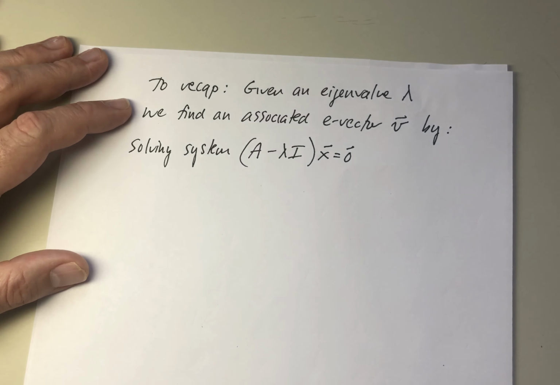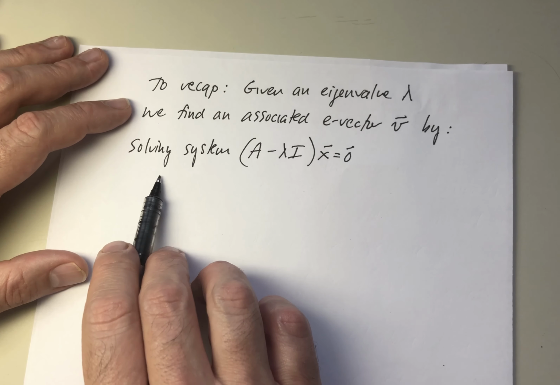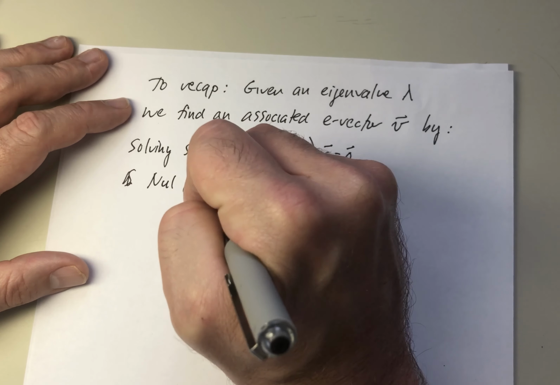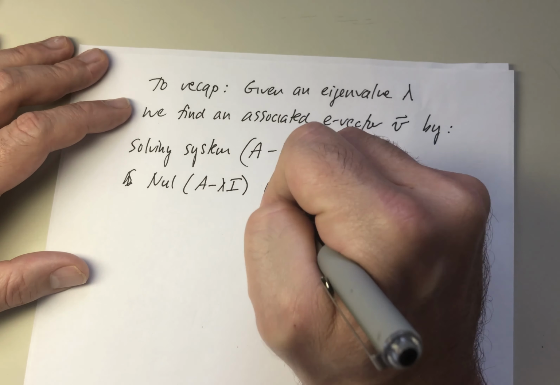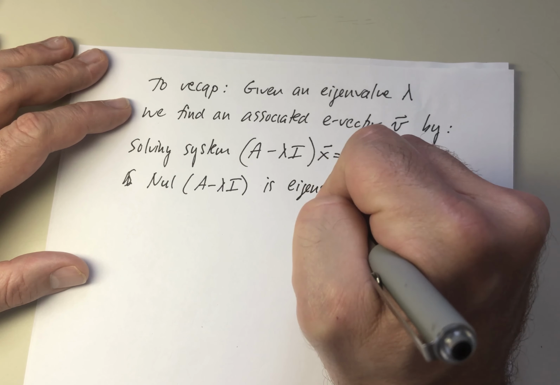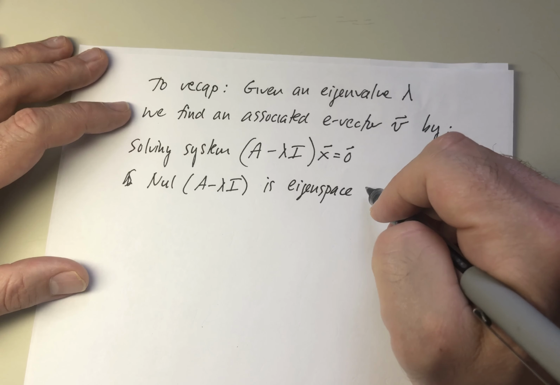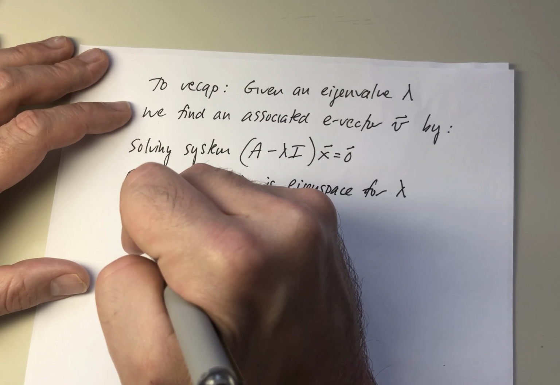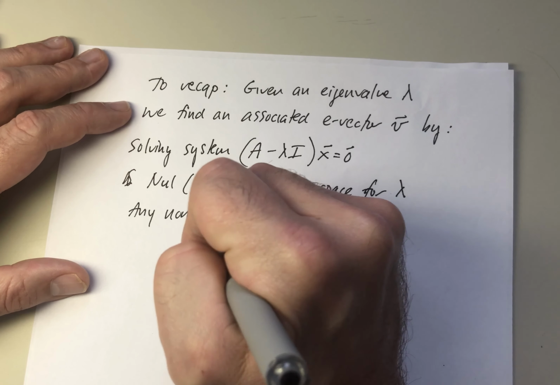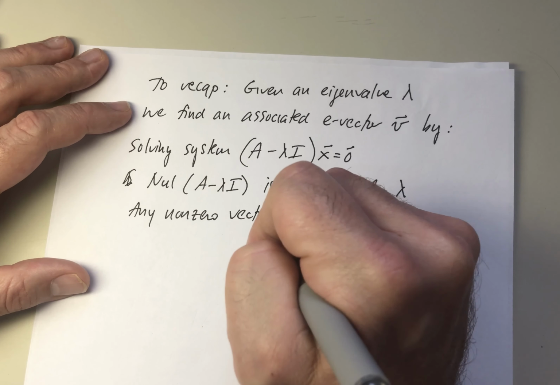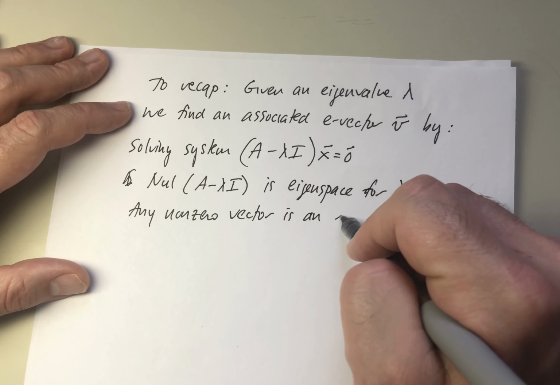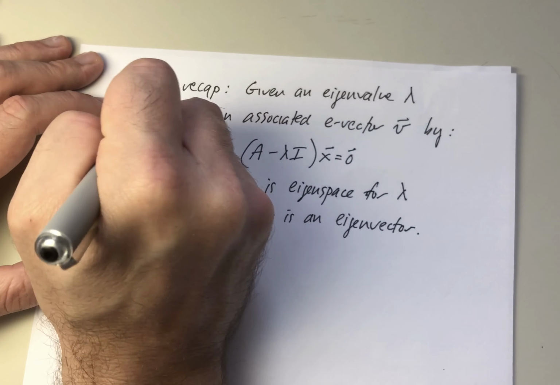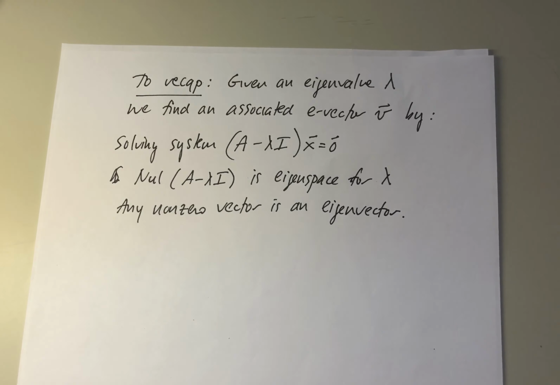That's the homogeneous system I want to solve. The solution set, the null space of A minus lambda I, is called the eigenspace for this particular lambda. And again, any non-zero vector in it is an eigenvector. Okay, just to have this recipe in one place.